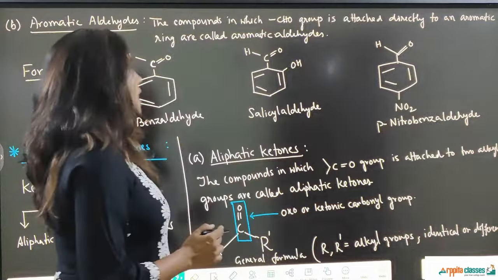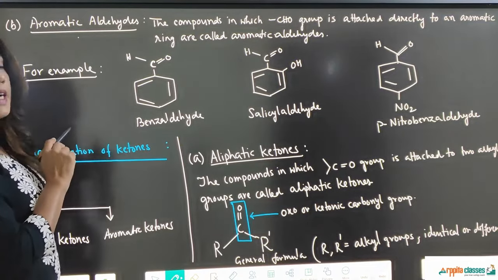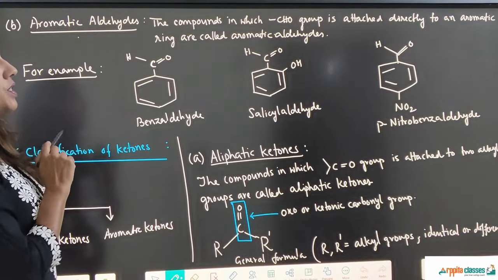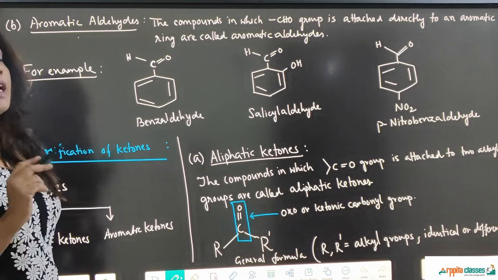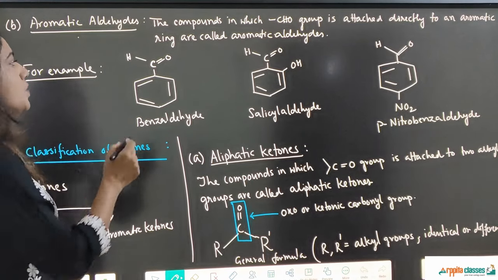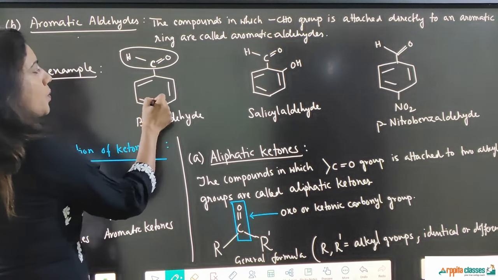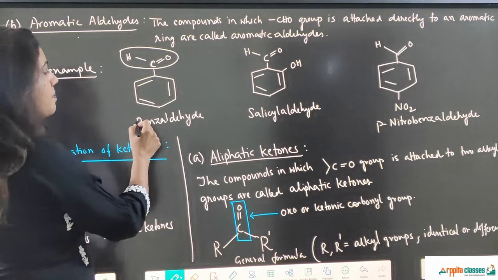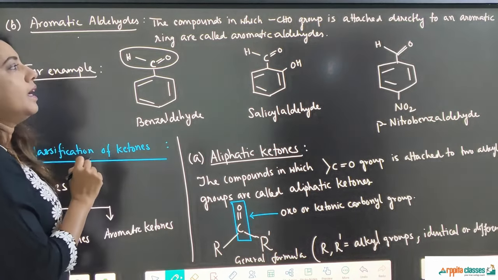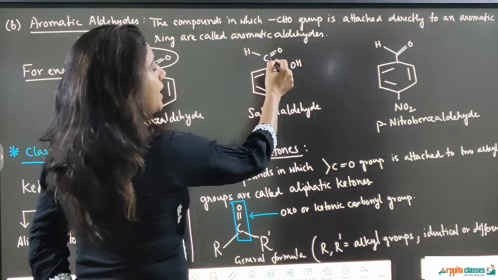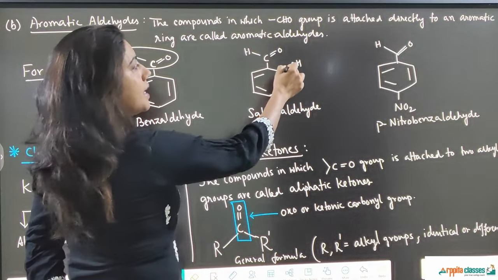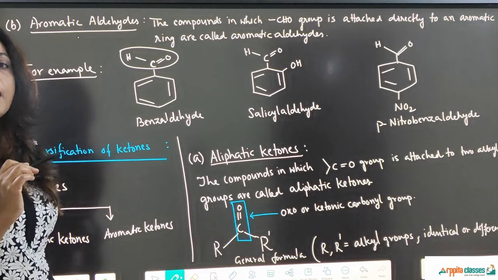Similarly, if we see the other classification, that is aromatic aldehyde, in which the CHO group is attached directly to an aromatic ring. So now you see, this is your CHO group, directly attached to an aromatic ring. This is called benzaldehyde. Here the CHO group is directly attached to an aromatic ring and there is another hydroxyl group on the second carbon atom.